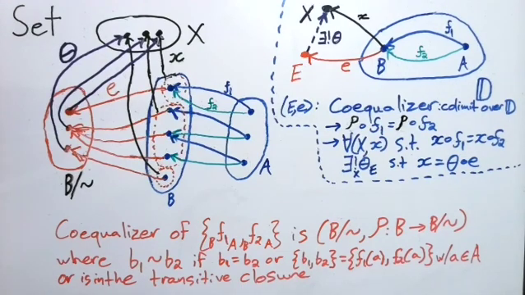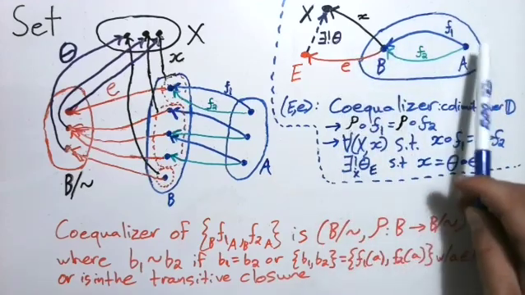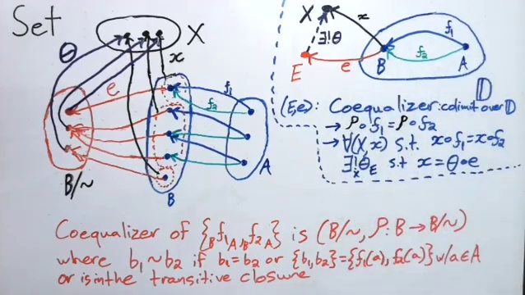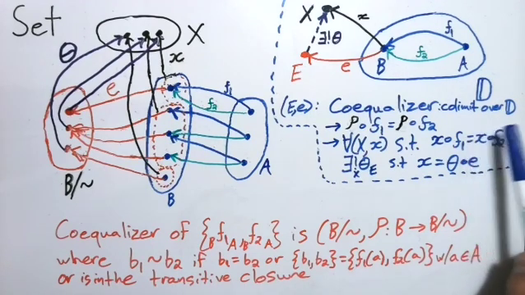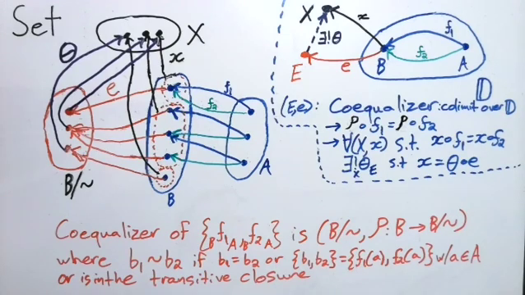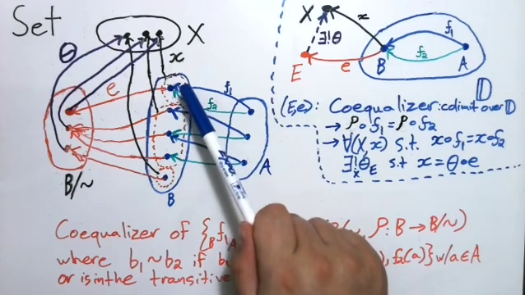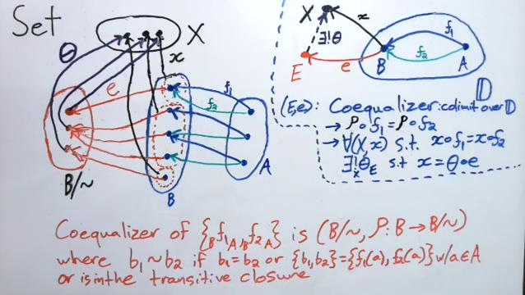Let's say that we have two parallel morphisms, F1 and F2, both going from A to B in a diagram D. Well, then the coequalizer, which is the colimit over that diagram D, is the object B divvied up by tilde, that is the set of equivalence classes when we divvy up B by the partition created by the equivalence relation tilde, and the canonical projection, which goes from B into that set of equivalence classes.